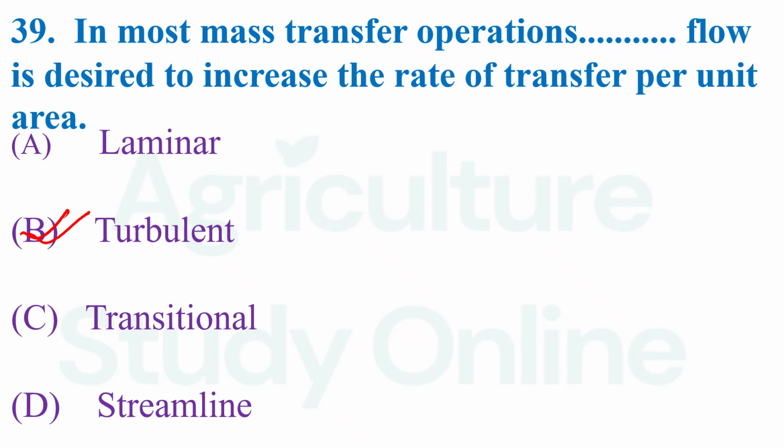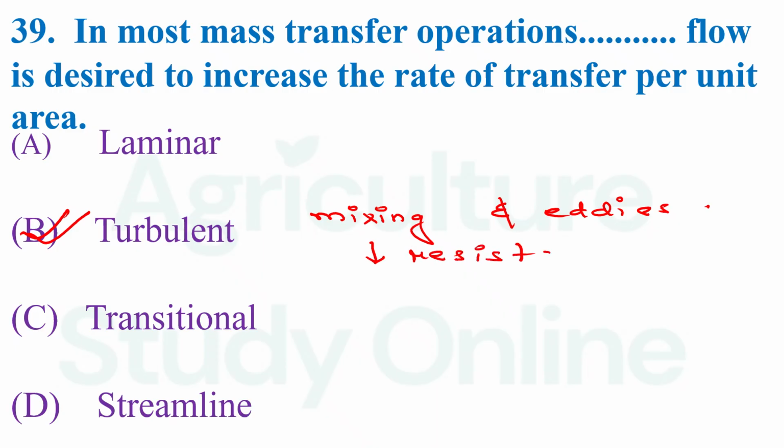Turbulent flow causes mixing and eddies. Now this will reduce the resistance and it will enhance the transfer rate. So correct option is B, that is turbulent.